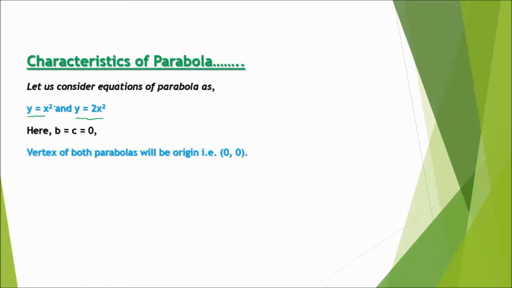The value of a for the first parabola, this quadratic function, is 1, and 2 for the second. You can see 2 clearly from the second.